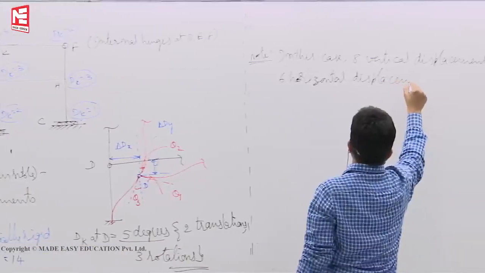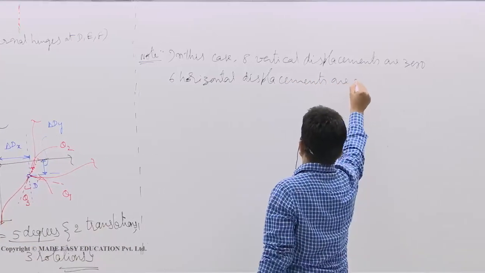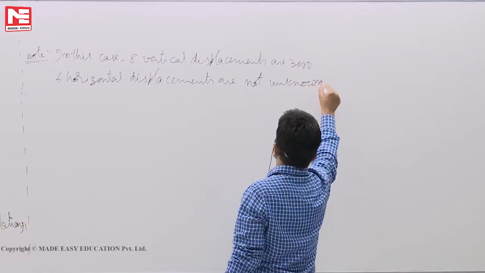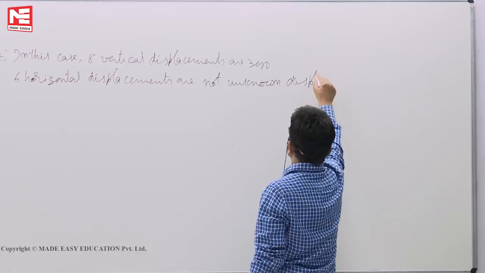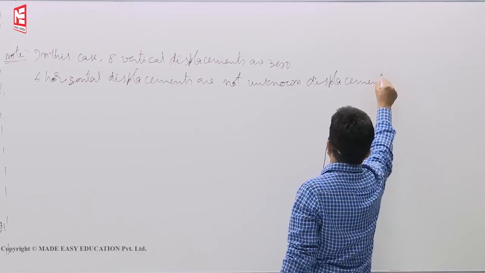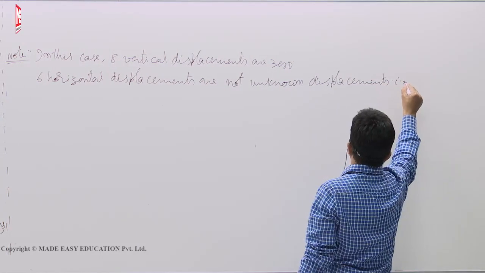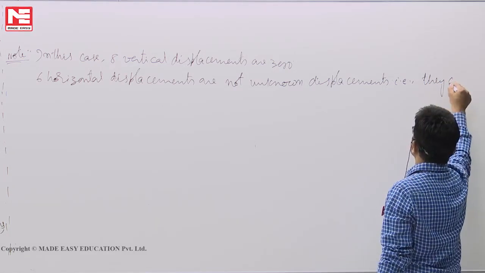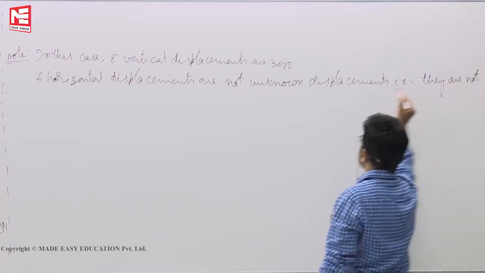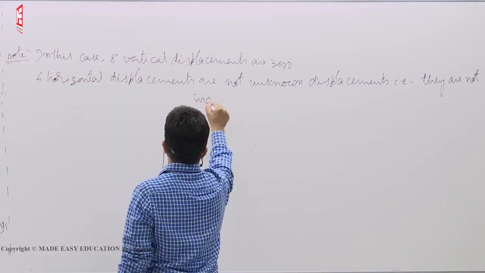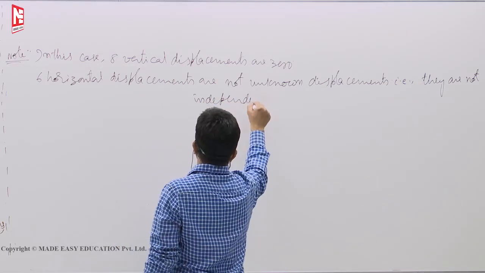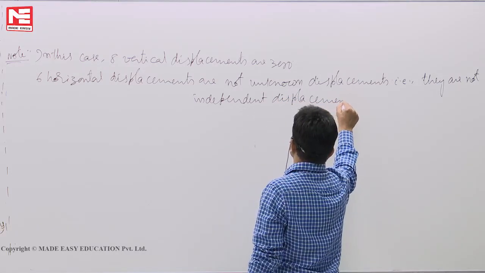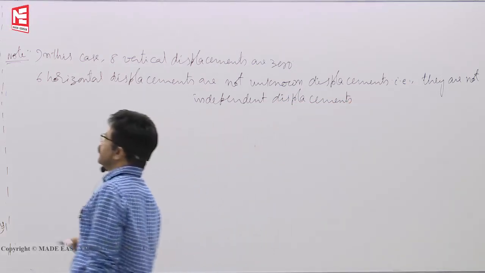Six horizontal displacements are not unknown displacements. That is, they are not independent displacements. What are they?